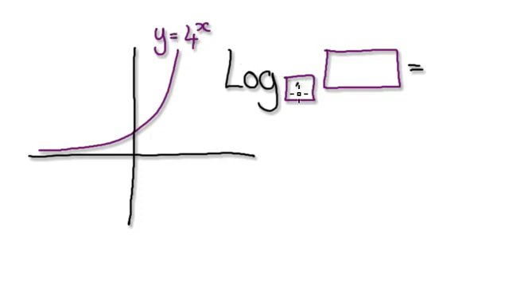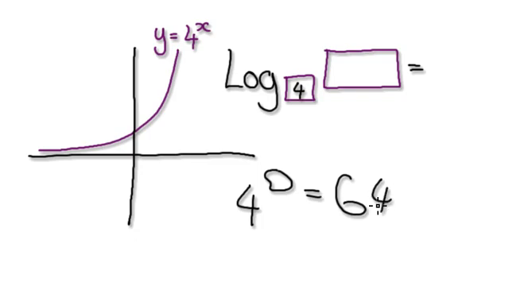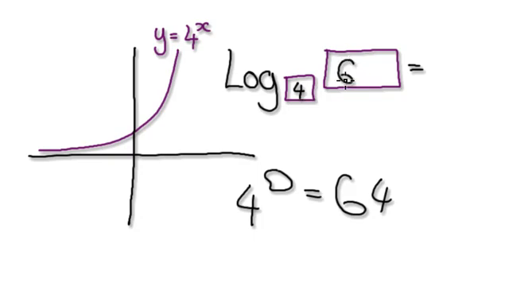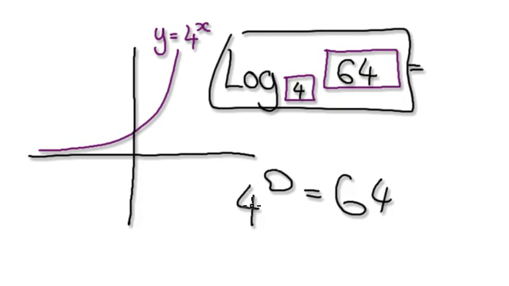So log base 4, and then 64 goes in here. So when you see this, it's asking 4 to the power of what will give me 64.